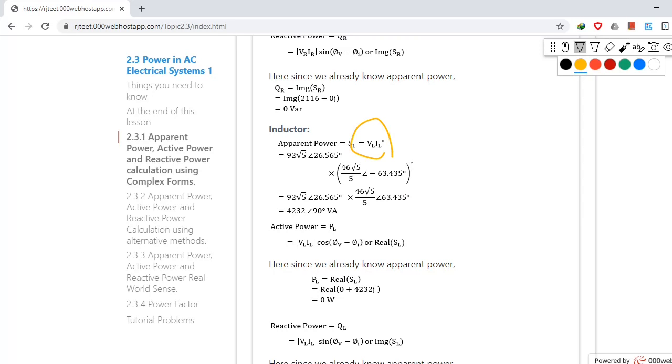The first thing we would do, like we did in the earlier case, is calculate the conjugate of the current. So here as well, you are using the same current, so no worries. You are going to invert the sign and you get this value for the conjugate. And again, to simplify this multiplication, I'm going to use the calculator.